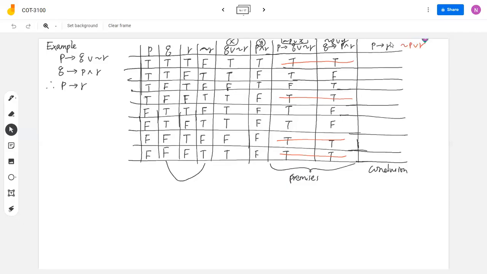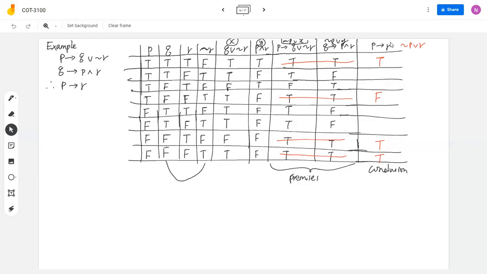For this one, not P or R, it equals R because P is true, so this is true. For this one, not P or R is false. And for this one, remember, it is true by default. So basically we are done. What's our conclusion?